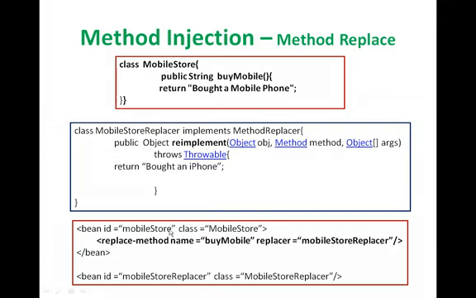In the Spring configuration, I have declared the MobileStore class, and I mentioned to replace the method buyMobile with the replacer implementation, the MobileStoreReplacer. So at runtime, whenever you get a bean of MobileStore through the Spring framework and call buyMobile, Spring understands that it needs to replace the buyMobile method with the new implementation you have mentioned, and this returns a string "bought an iPhone".